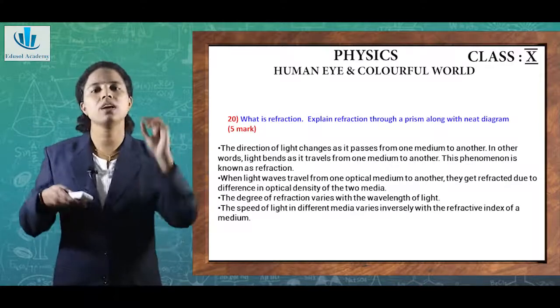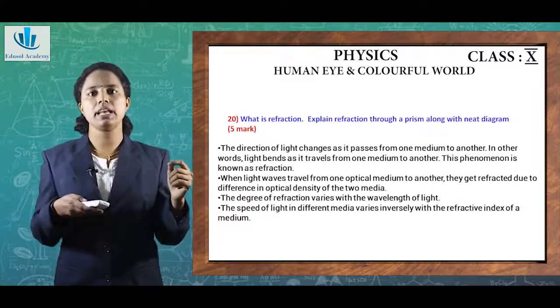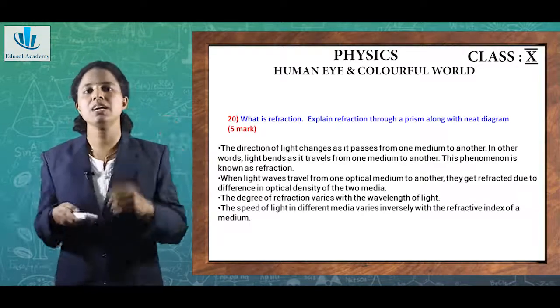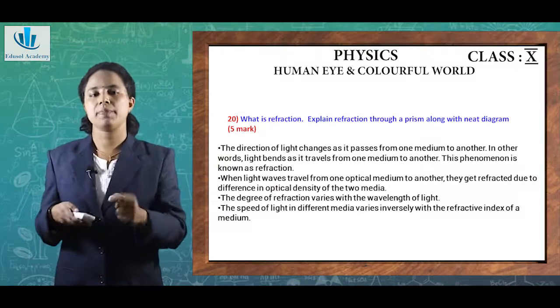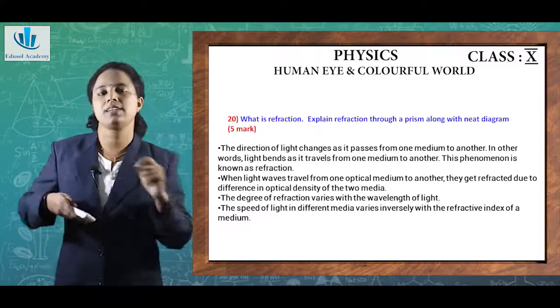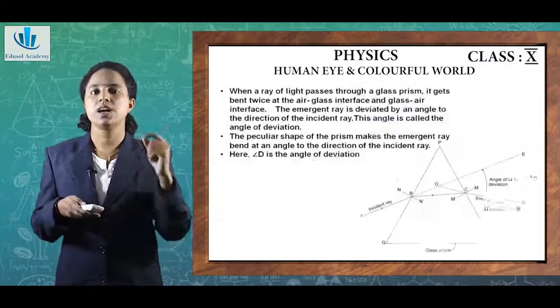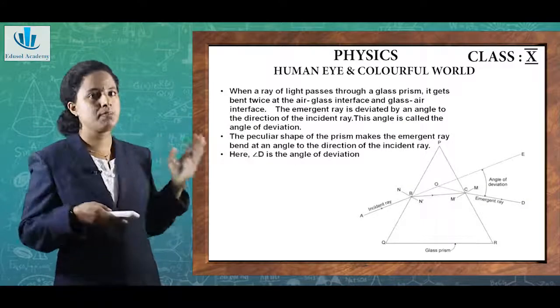From that formula itself, it is clear that speed of light in a medium is inversely proportional to the refractive index of that medium. So, for a particular medium, if the refractive index is more, the speed of light in that medium will be less, and vice versa. Now, we need to understand how refraction happens through a prism.